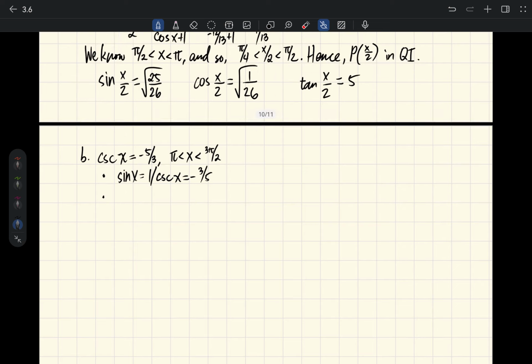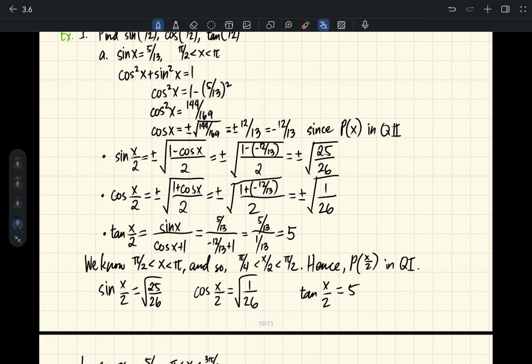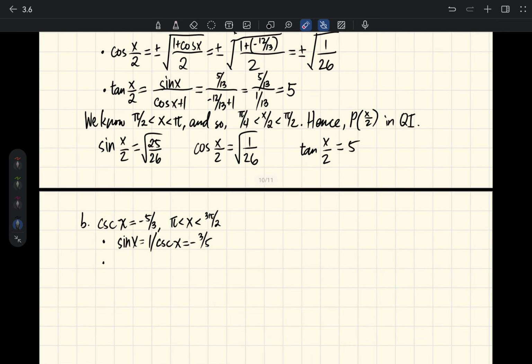Then second one, to find cosine x, we just use this identity. You have cosine squared x plus sine squared x equals 1. Your sine x is negative 3 over 5. So cosine squared x equals 1 minus negative 3 over 5 squared. That gives us 1 minus, we can distribute the square here, and the negative is gotten rid of by the square.